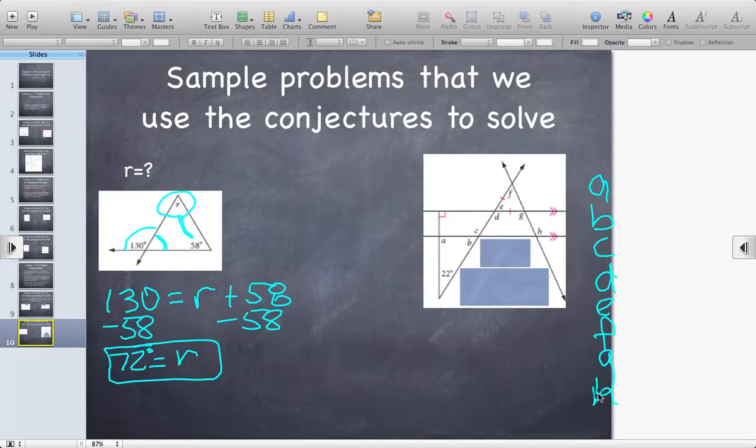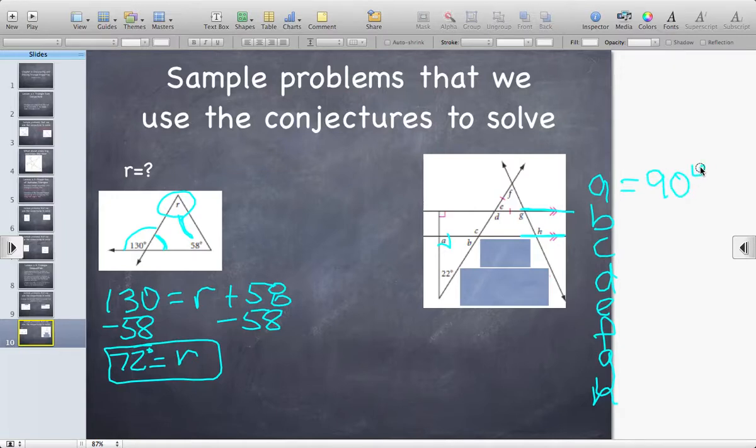We see that we have parallel lines, and so that means we have 3 transversals we're working with. Notice that one of the transversals is perpendicular. So right off the bat, using our corresponding angles conjecture, we know that the measurement of angle A is 90 degrees.